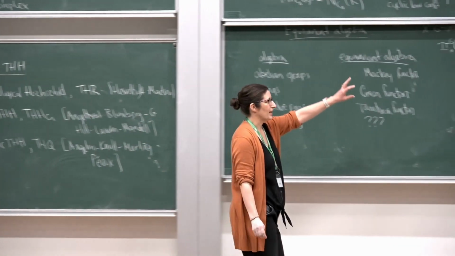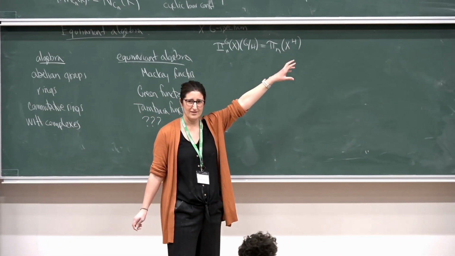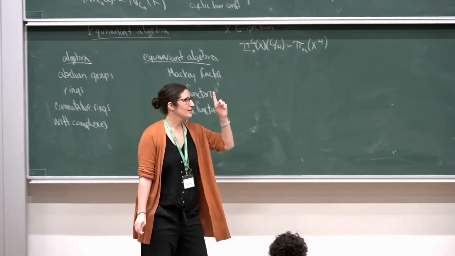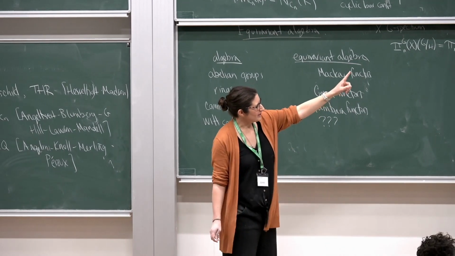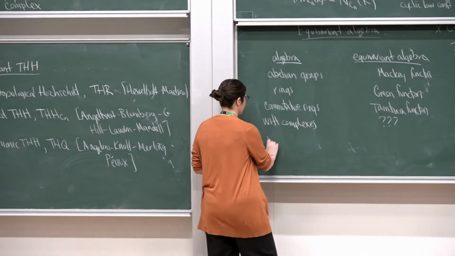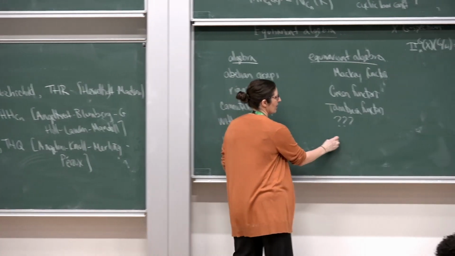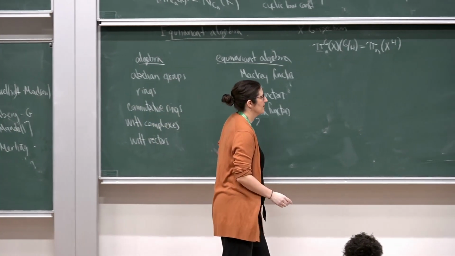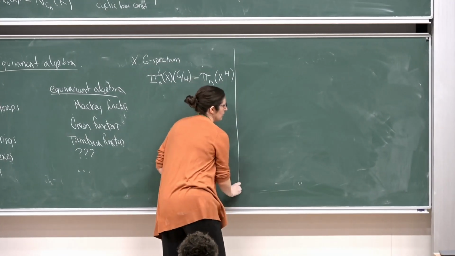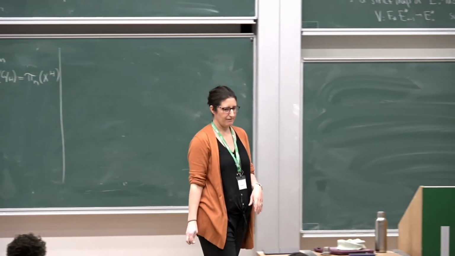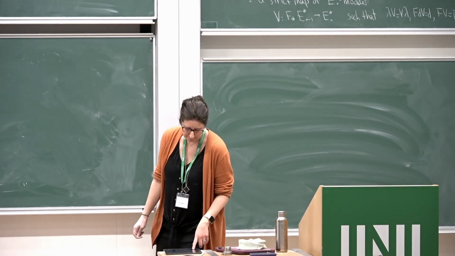Because the pieces of this maybe aren't even on my chart yet. So what's the first piece that you would need? If I want to understand a Witt complex, surely first I should understand the Witt vectors. That seems like a better place to start. So let us do that. Let's try to understand Witt vectors in this setting.